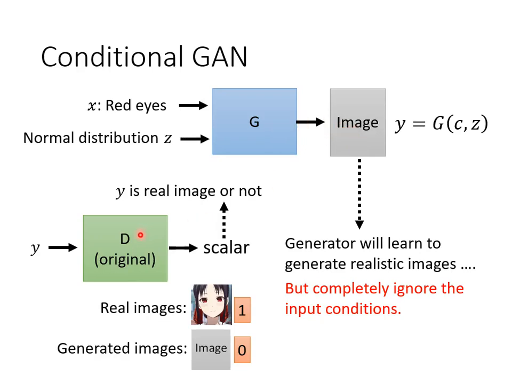Then it can fool the discriminator. Why does it need to care about the input text description? Your discriminator doesn't consider the input text, so it doesn't need to care about the input descriptions. No matter what text you enter, just ignore this x. Anyway, it just generates a picture, and it's over if it can fool the discriminator. But this is obviously not what we want.